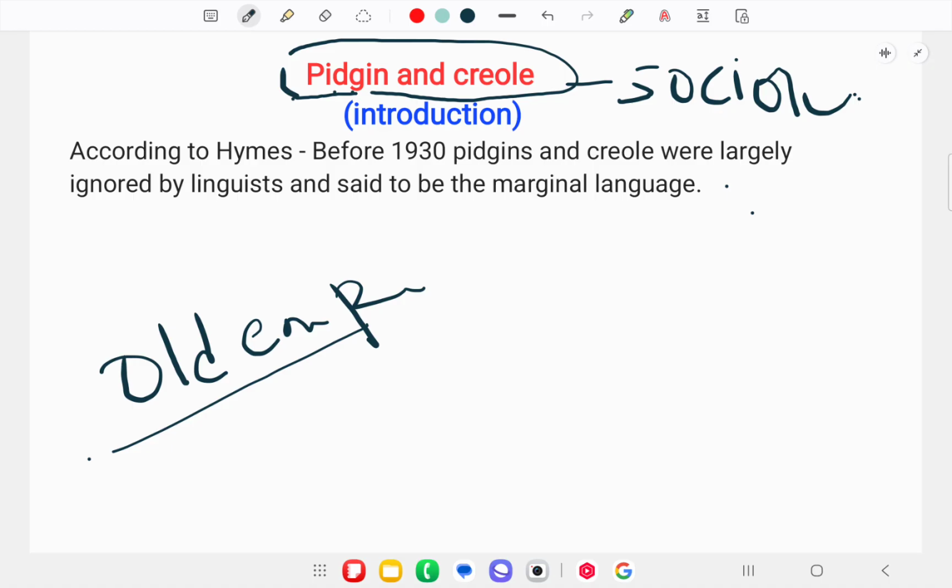But then there were changes, when there was the war of the Norman conquest.